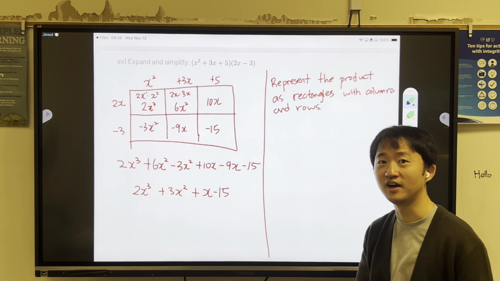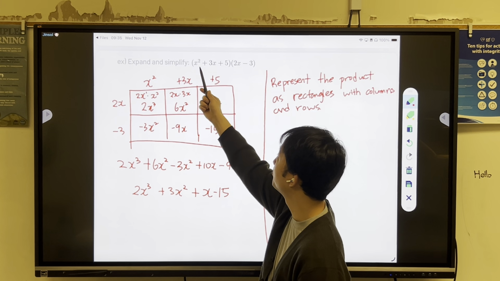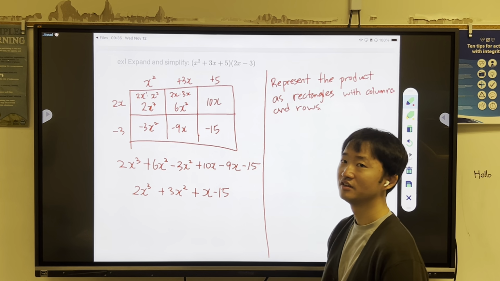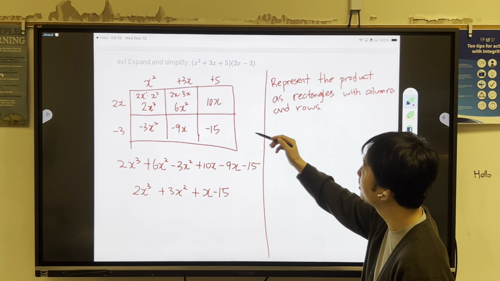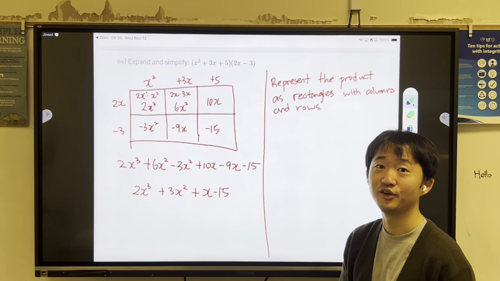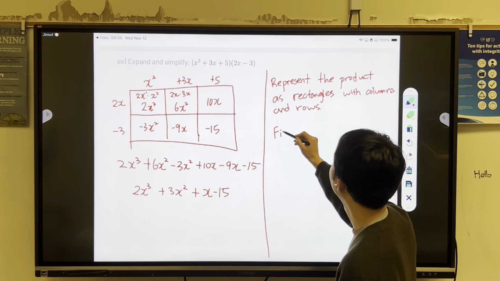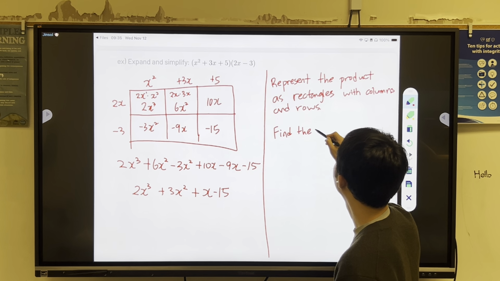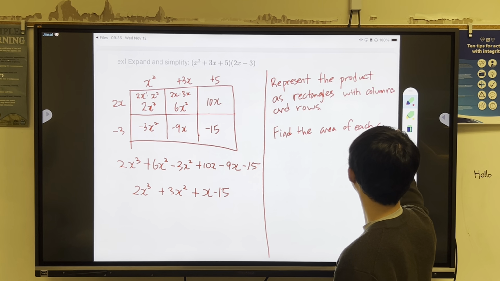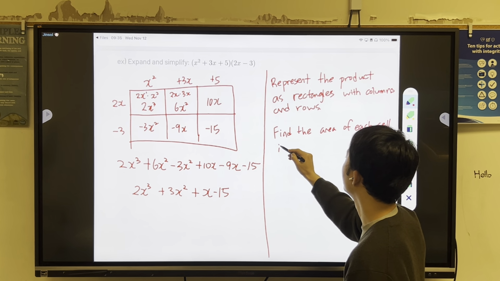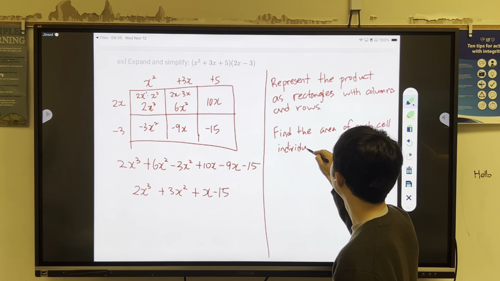It's important that we specify how many columns and how many rows we have based on the number of terms of each factor. We chose to go with the 3 columns here because we had a trinomial there. Find the area of each cell individually.